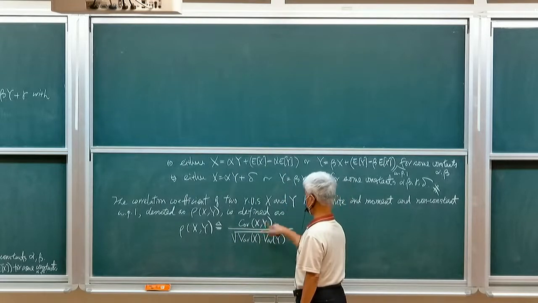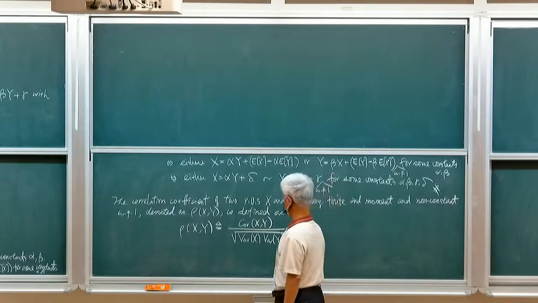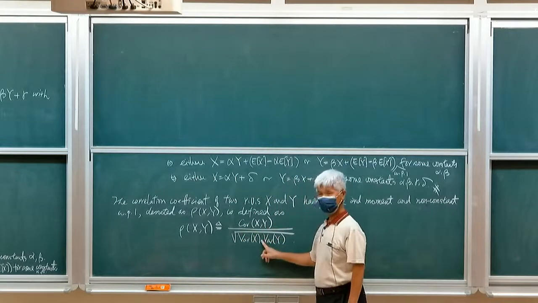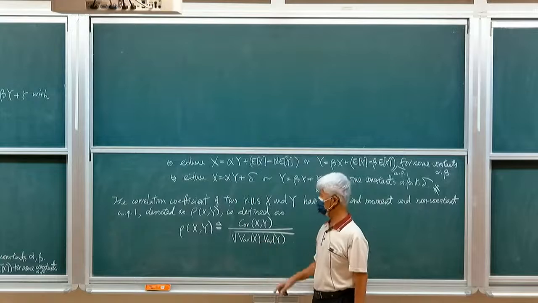The covariance of XY divided by the square root of the product of their variances.